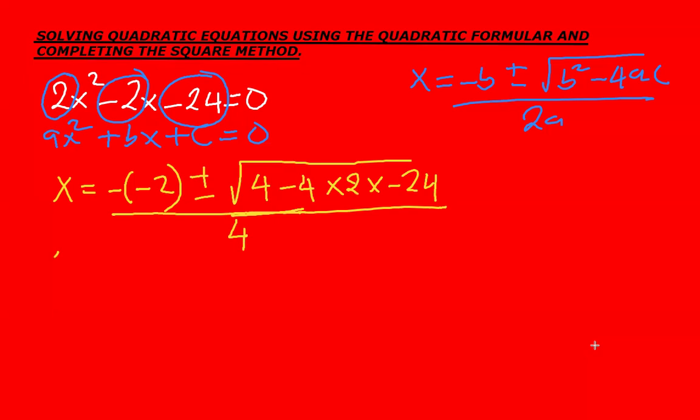Now let's simplify it. We get then x will be 2 plus or minus the square root of. Let's tackle this part first. What is negative 4 times 2 times negative 24? What do you get?